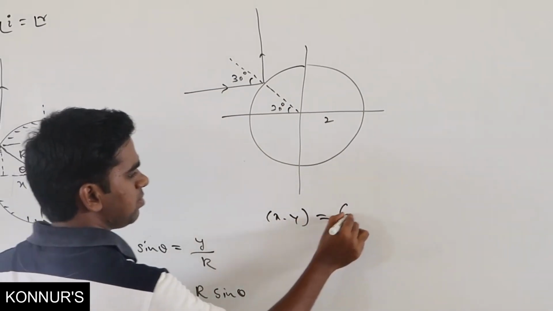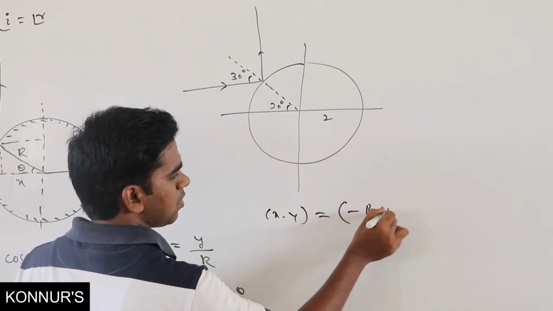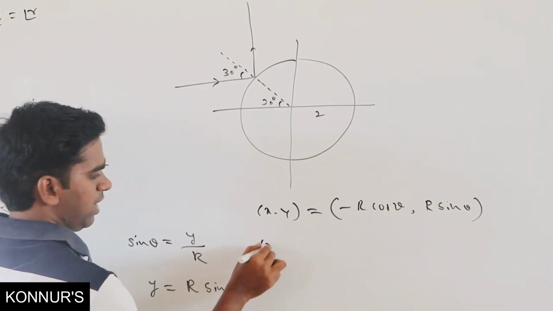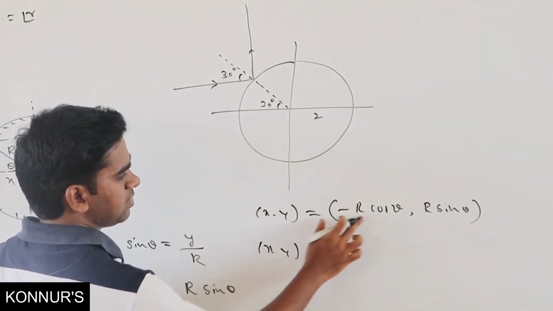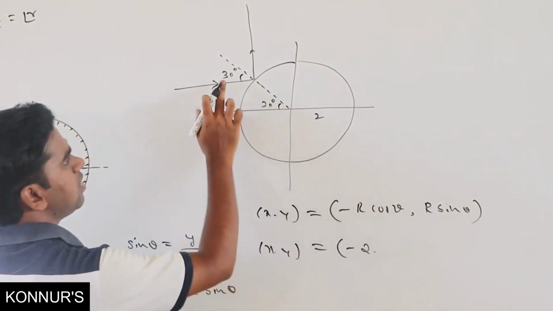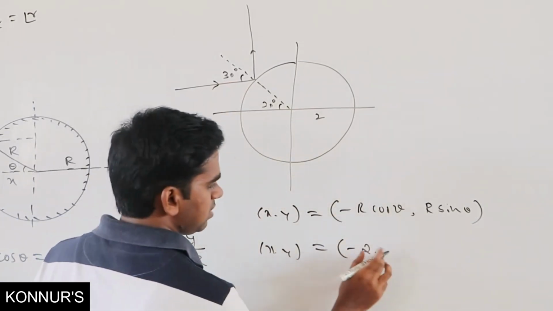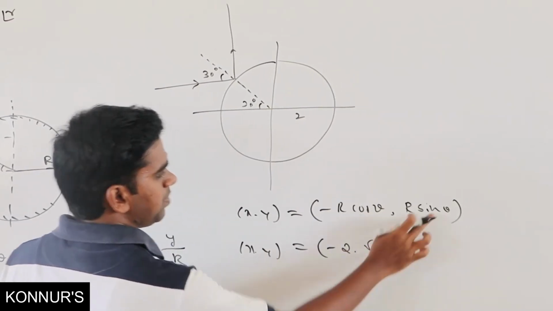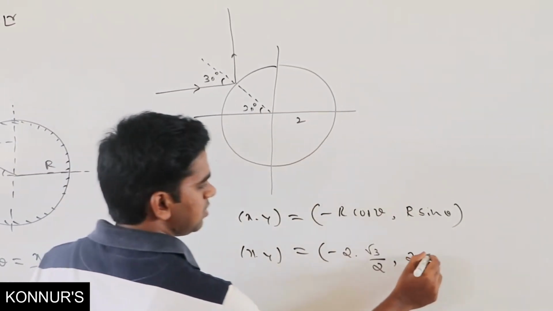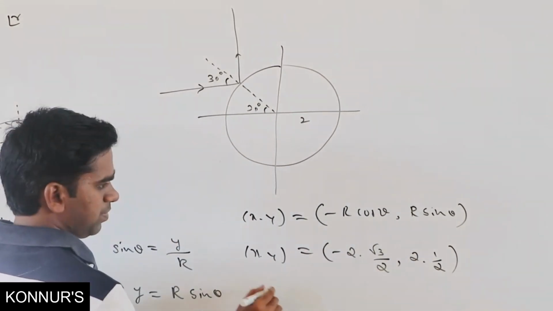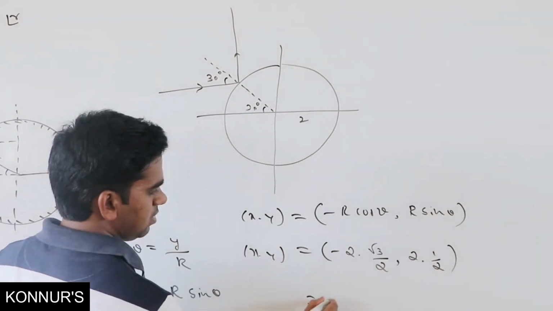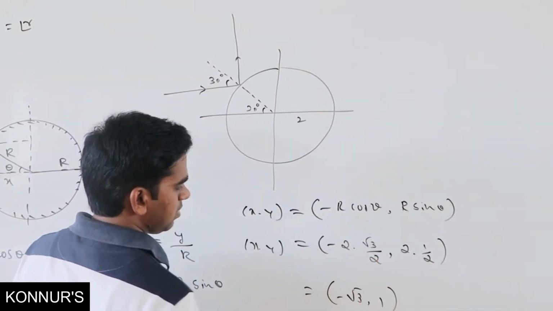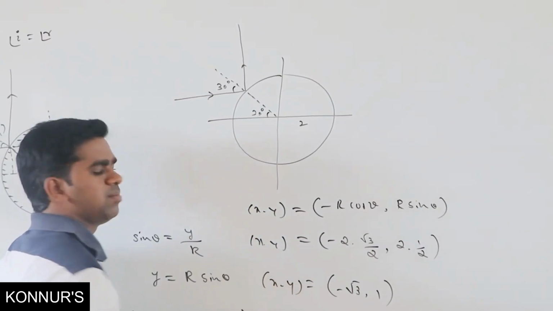So x comma y is minus r cos theta and plus r sin theta, which equals minus 2 cos 30 comma 2 sin 30. Cos 30 is root 3 by 2. Sin 30 is 1 by 2. So what you will get is minus root 3 comma 1. This is your x comma y.